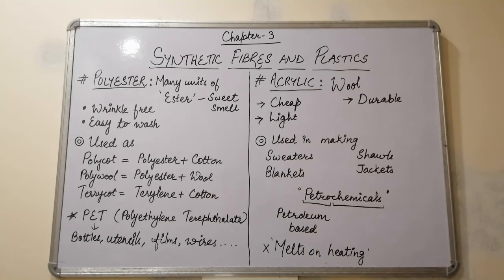As we have seen, polyfibers, or you can say polymers, are nothing but different types of chemicals which are linked together in a chain. So all those chemicals have to be linked. Suppose polycot, so polyester and cotton are linked together, or mixed together, combined together.